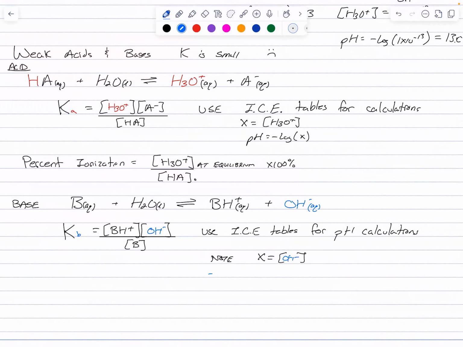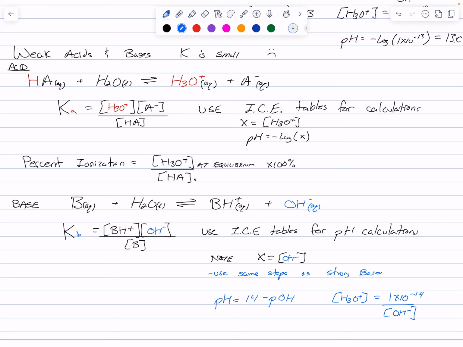So you have to use the same steps as strong bases, which would mean your pH equals 14 minus the pOH, or hydronium equals 1 times 10 to the negative 14th all over the concentration of hydroxide. So you have to do the same thing.